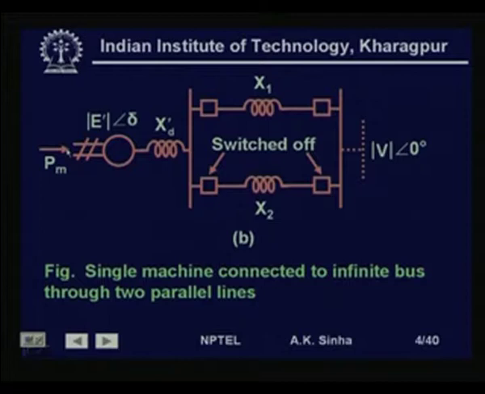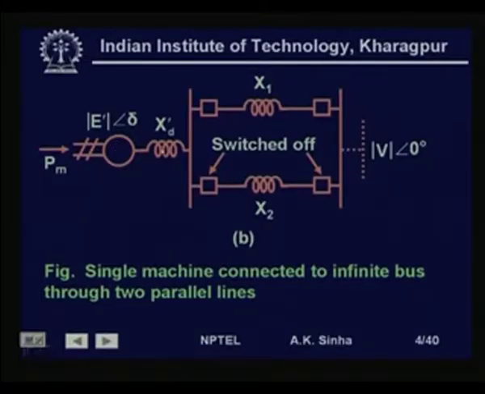We have mechanical input P m, which we have said earlier we will consider to be constant for the period over which we are doing this analysis. The internal voltage of the machine, that is voltage behind the transient reactance of the machine, is E dash angle delta. X d dash is the transient reactance of the machine.